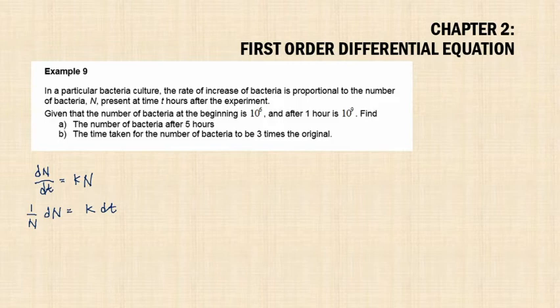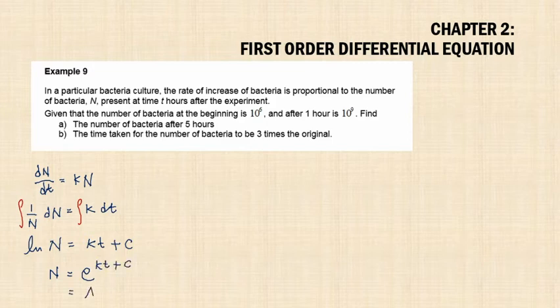By integrating both sides, we have ln n equals kt plus c. By taking the exponent of both sides, we have n equals e power of kt plus c, which we can simplify as a e power of kt, where a is e power of c. So we have the general equation of population growth.